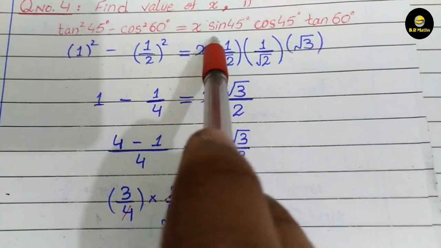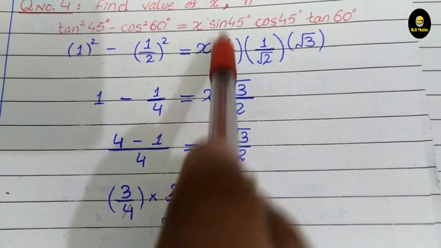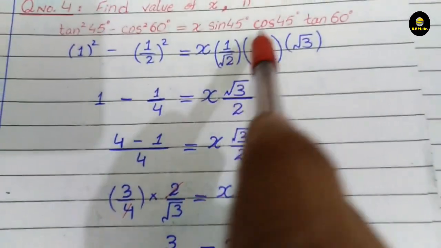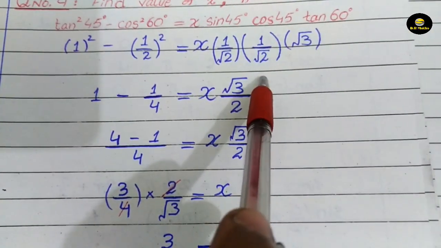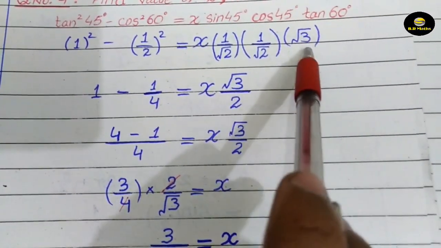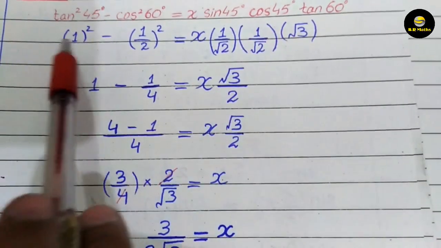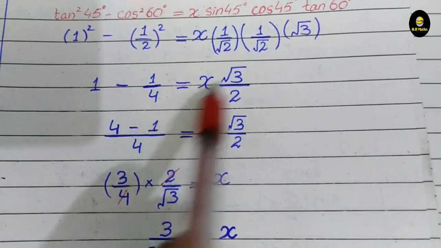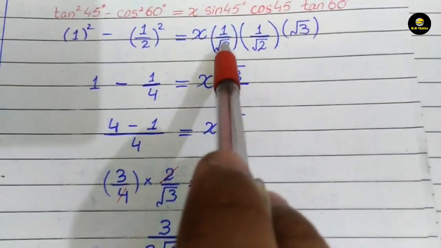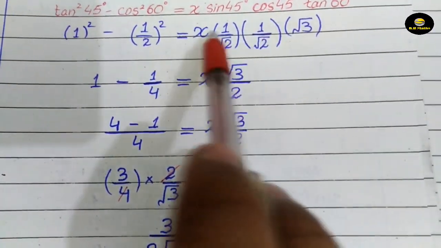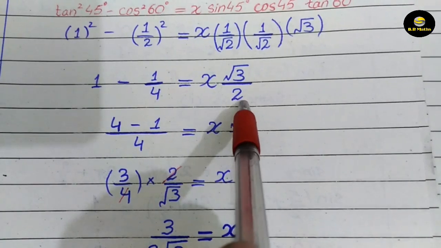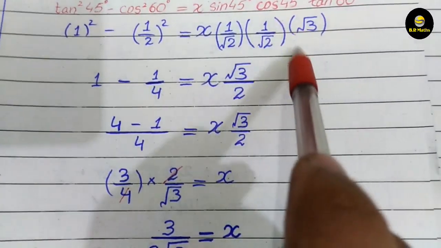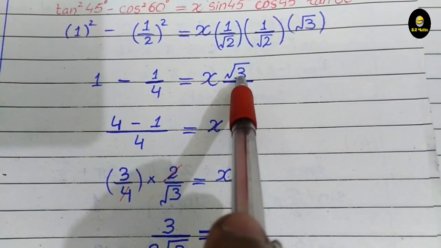And then on the right hand side, x as it is, sine 45 is 1 over square root 2, cos 45 is 1 over square root 2, and tan 60 is square root 3. So the square of 1 is 1, and 1 over 2 squared means 1 over 4. And on the right side, 1 over square root 2 times 1 over square root 2 cancel with each other, the square root becomes 2, and square root 3 stays as it is.